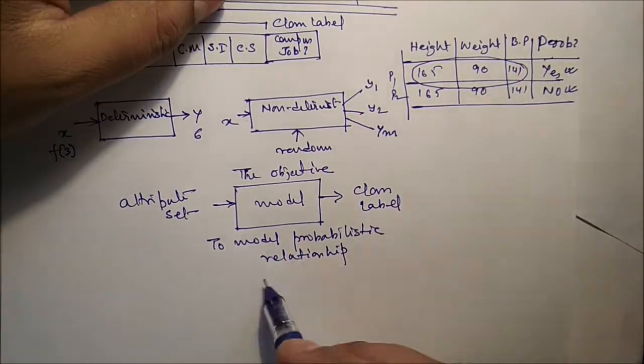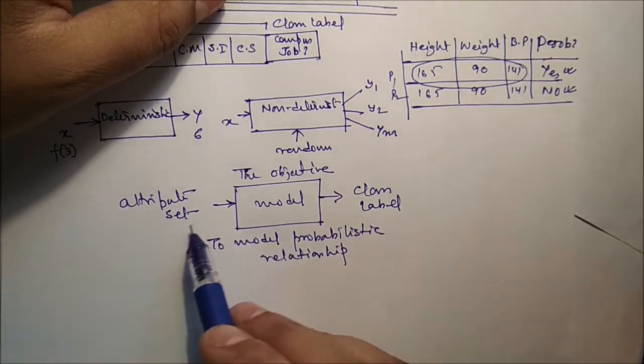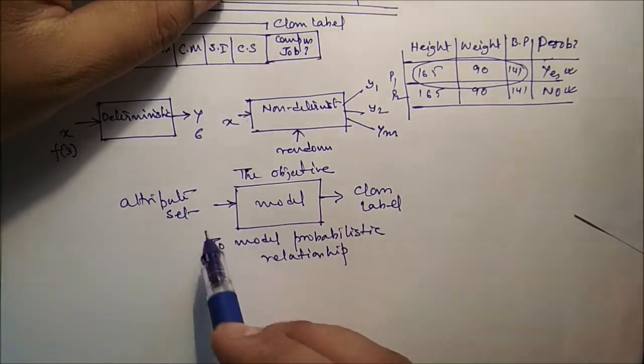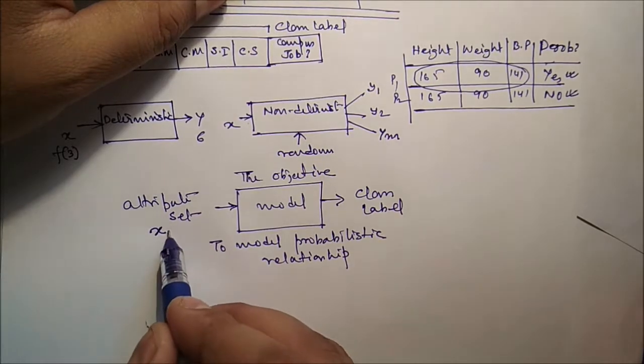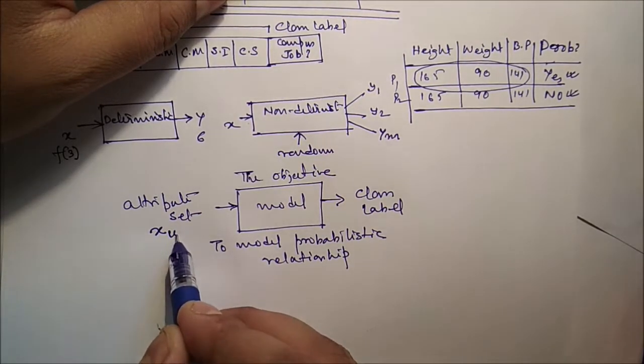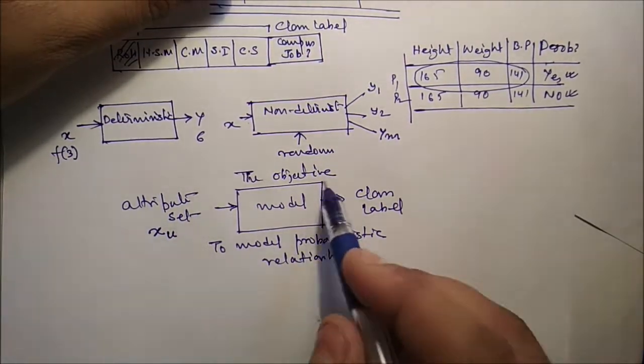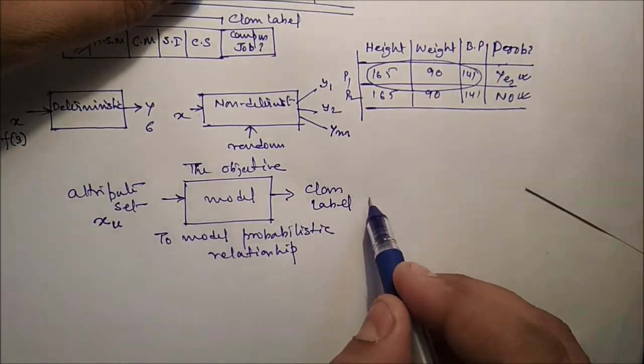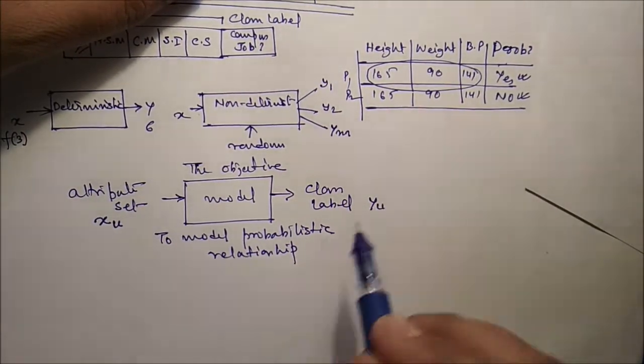So we have to model a probabilistic relationship between the attribute set and the class label. We will give the attributes of any unseen data, and the model will predict the class label for that unseen data.